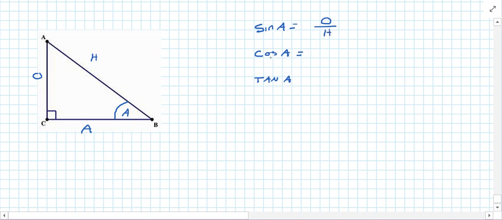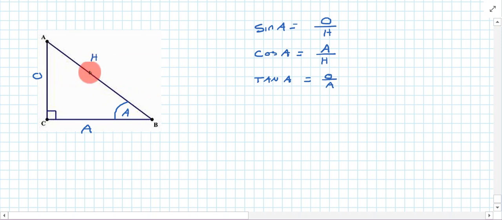Cos A is adjacent divided by hypotenuse, and tan is opposite divided by adjacent. So cos, sine and tan, these three are just ratios.